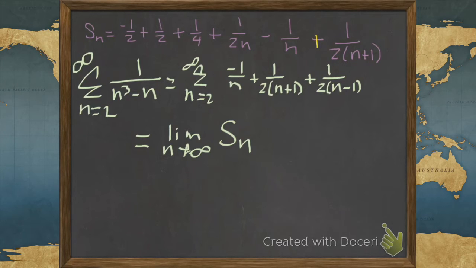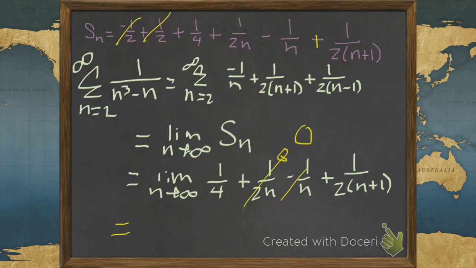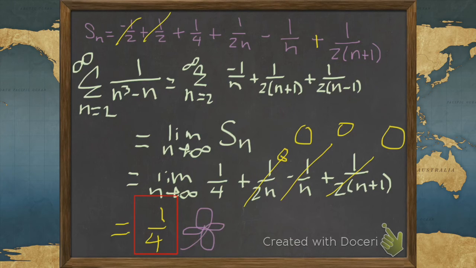That's why we focus so hard on finding the partial sum. So that's the limit of the partial sum, the one we made above. Now notice I took out the 1/2 because they were additive inverses. And now we run the limit on those: 0, 0, 0. So that whole thing adds up to be a quarter. Box and flower.